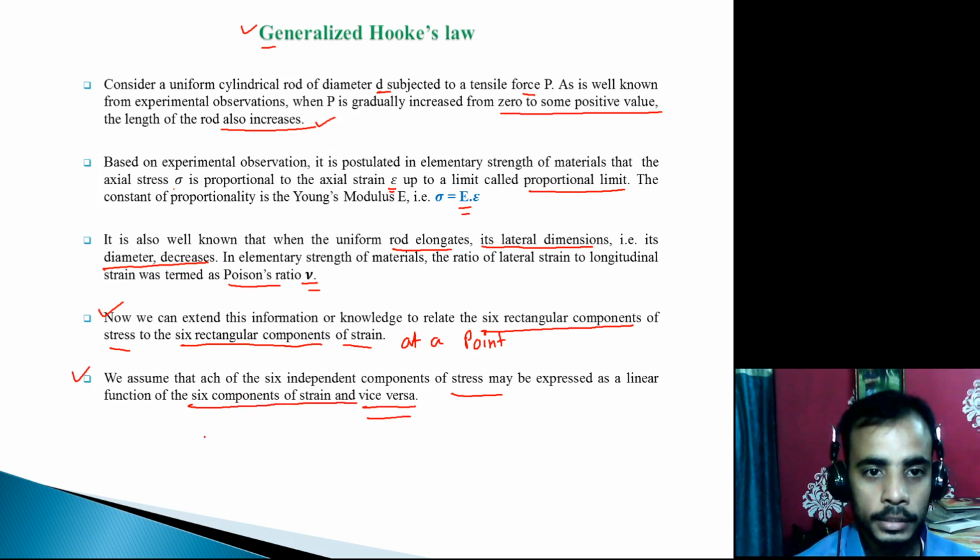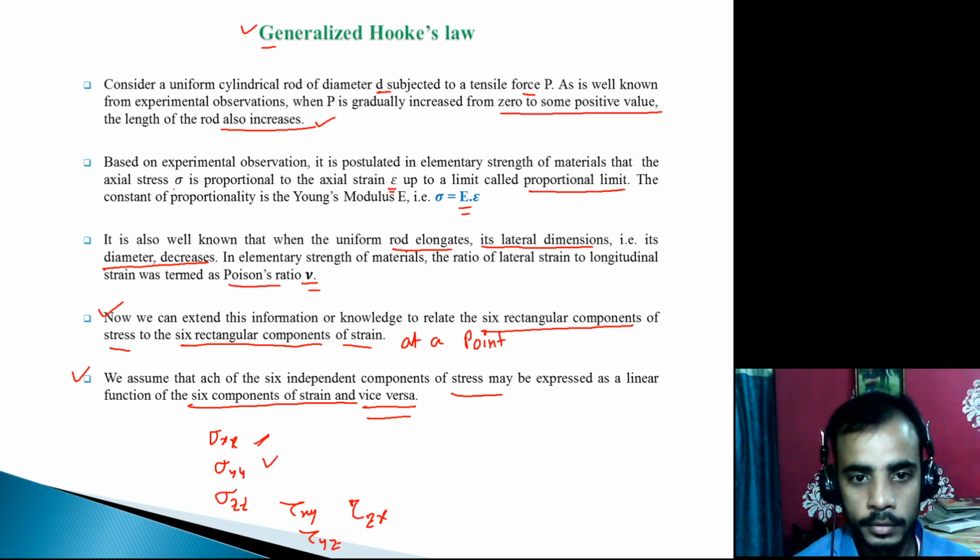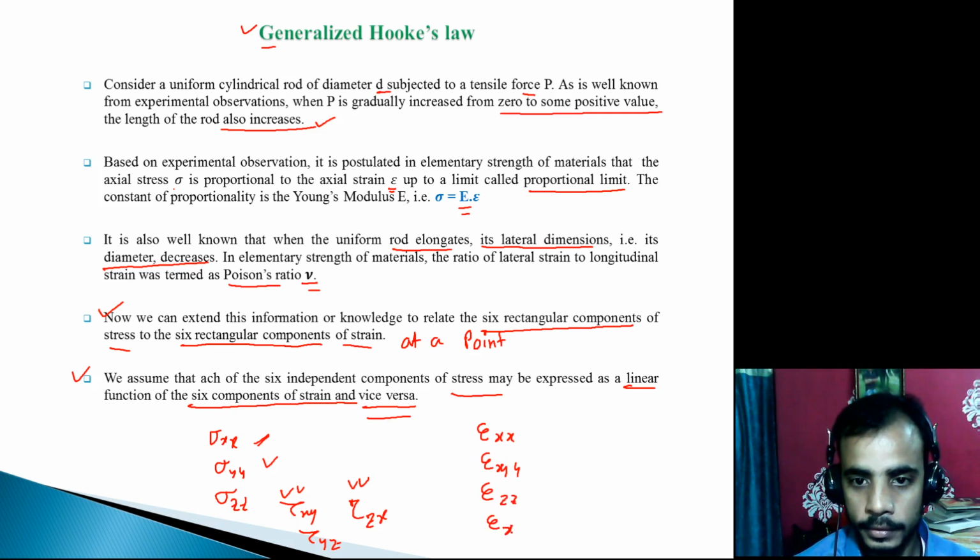So that means each stress component, that is sigma xx, sigma yy, sigma zz, and tau xy, tau yz, and tau zx, so all stress components can be written as a linear function of epsilon xx, epsilon yy, epsilon zz, epsilon xy, epsilon yz, and epsilon zx.